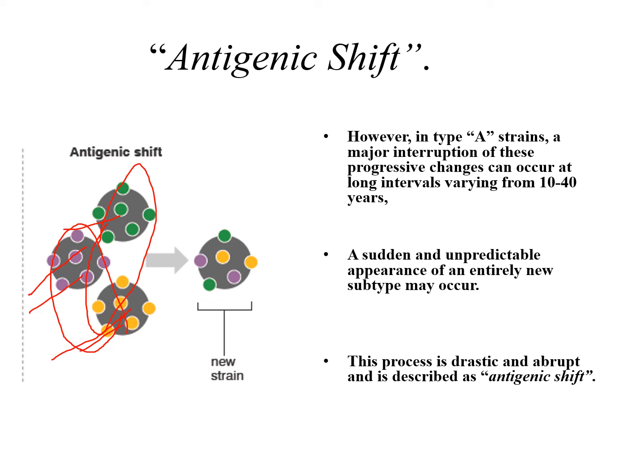And the problem with the antigenic shift is, especially if it occurs in the glycoprotein or spikes, that they originated from either the avian or the swine. And when they infect, humans have never been exposed to this type of glycoprotein or spike.